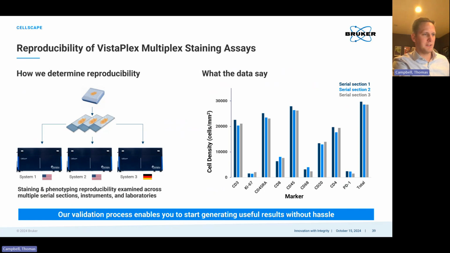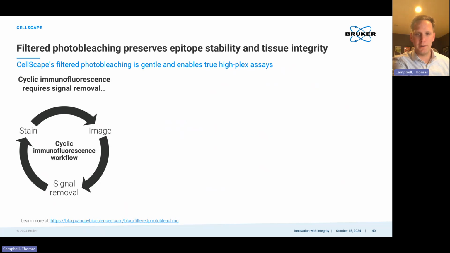This is not meant to be an exhaustive description of our assay validation process, but just to say that this is something we spend a lot of time and effort and energy on, looking at multiple types of samples, multiple biological replicates, and scanning these across multiple instruments across multiple geographical locations, and ensuring that we have consistent performance when doing so, so that when you get these kits in your hands, you can have confidence that they will perform.